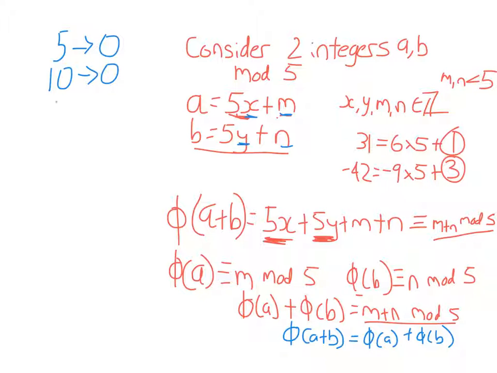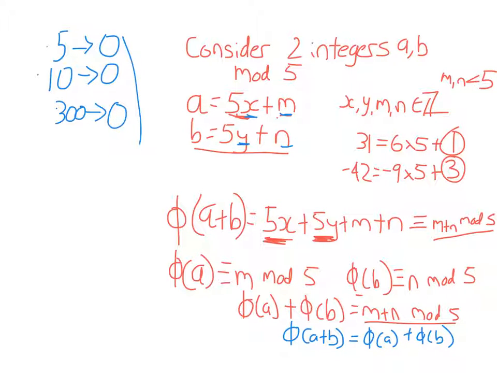Similarly, 300 will get mapped by phi to 0. So you can see it will map different elements in the first group to the same element in the second group. So this map is not one-to-one. So note 0 is the identity because we're talking about addition.